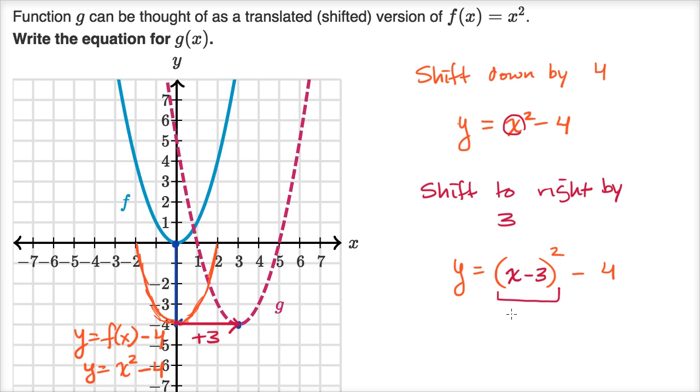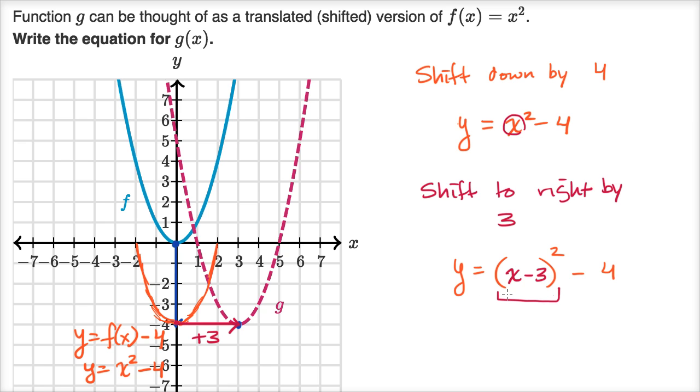But the general idea is however much you're shifting in the y direction, if you're shifting up, you add that amount. If you're shifting down, you subtract that amount. When you're shifting in the horizontal direction, you replace your x with x minus the amount that you're shifting to the right. So if you were shifting to the left by 3, this would be x minus negative 3, or this would be x plus 3.